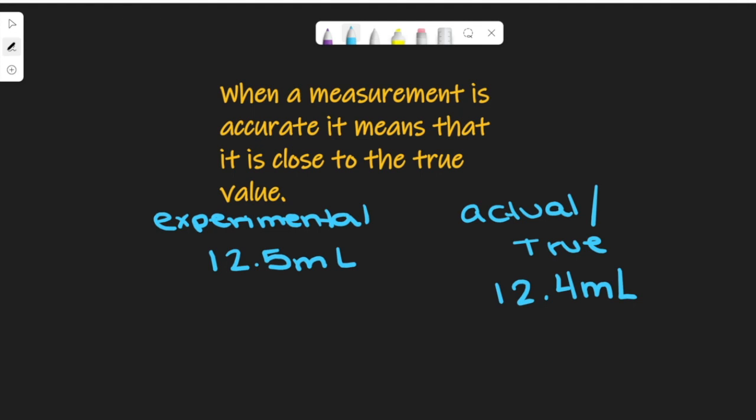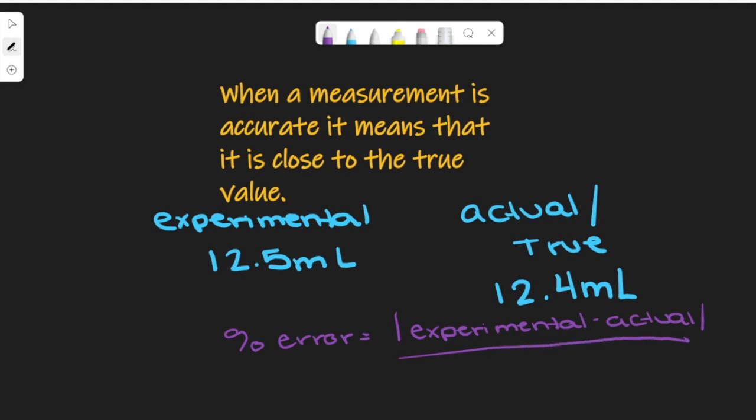Now, we could actually calculate how far we are off, and we do this using what's called our percent error. Our percent error is going to be our experimental minus the actual, divided by the actual, times 100.